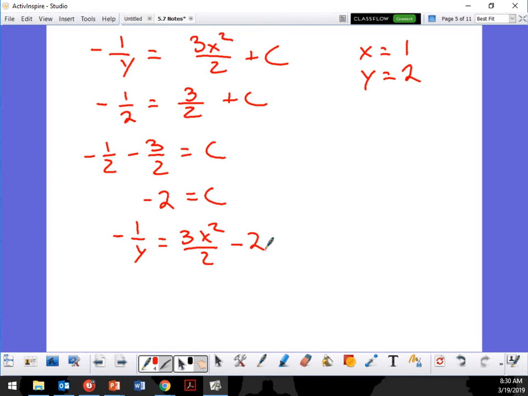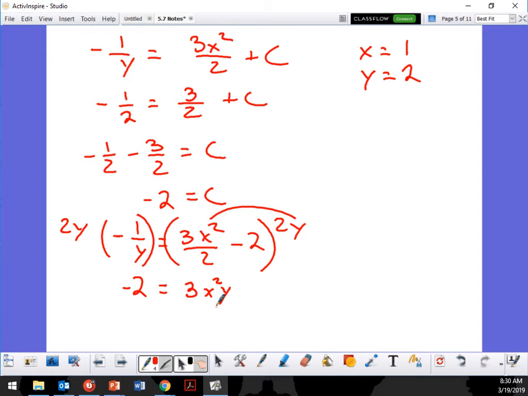All right, what's going to be the common denominator? So I'm going to get rid of fractions. y and 2. So the common denominator is going to be 2y, right? So multiply everything by 2y. So as I do this, y's cancel, so I'm left with negative 2 equals. As I distribute this way, 2's cancel, so I'm left with 3x squared y, and this one right here, minus 4y.